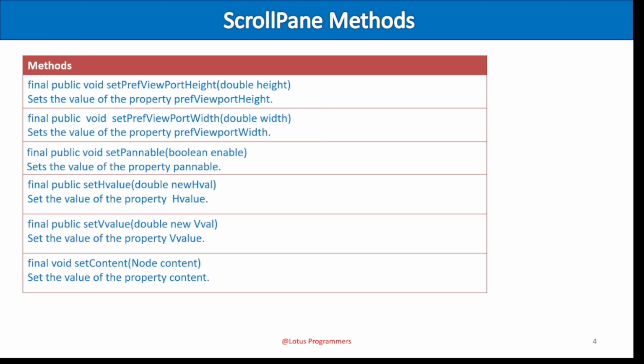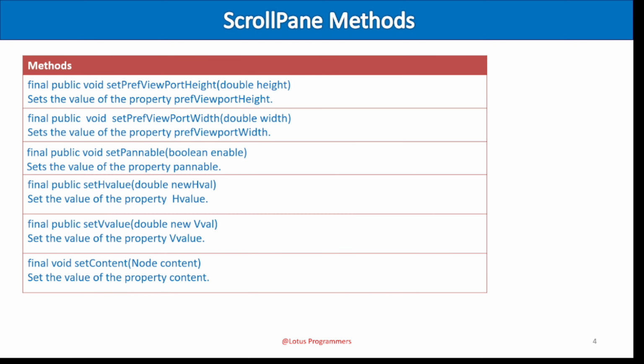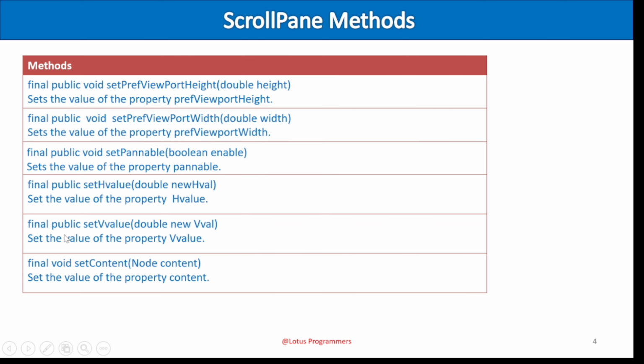Suppose the scroll pane object is created by using the first constructor. In order to add the component to the scroll pane, we will call the set content method. If we are using the second constructor, the set content method is not required. In order to set the pannable property for the scroll pane, we will call the set pannable method.